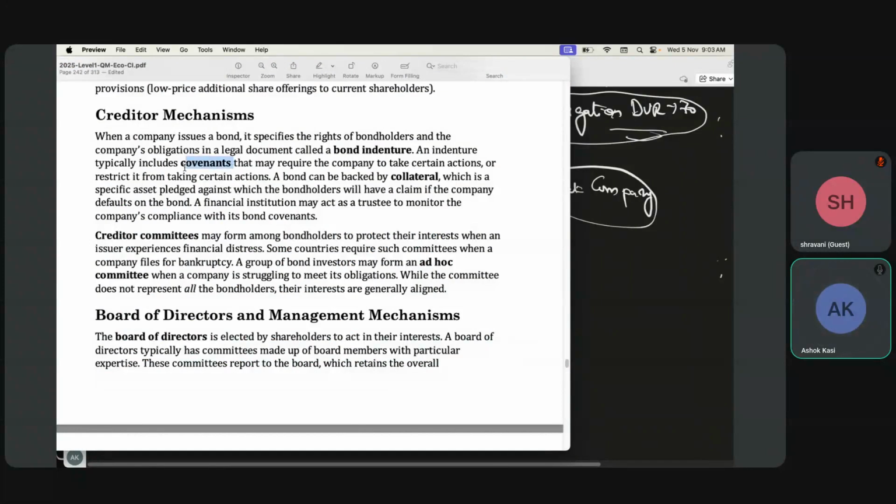You remember, these are all additional conditions put down by the lenders when they lend money. Covenant.